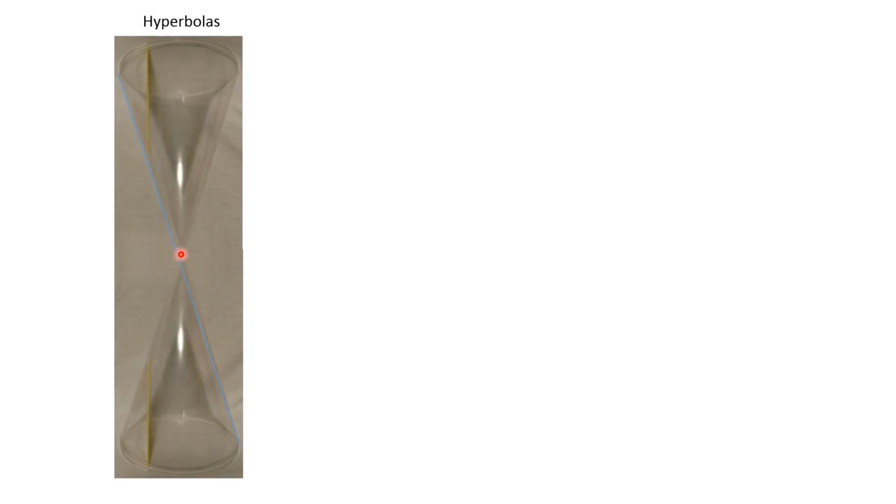And so if we pivot it like that, we can see that this is actually only half a cone. So when we take a vertical slice, we actually cut into both the top and the bottom. None of the other slices, the circle slice only hits one piece. The ellipse slice only hits one piece.